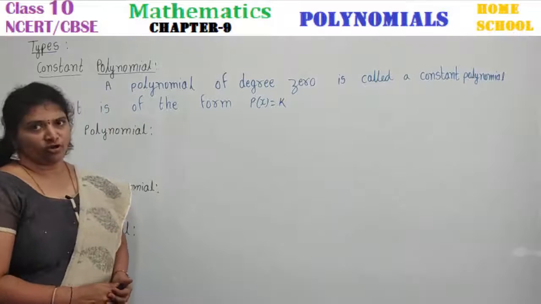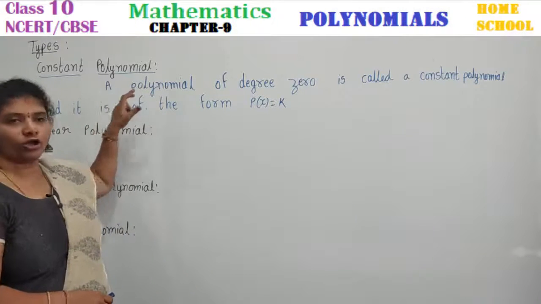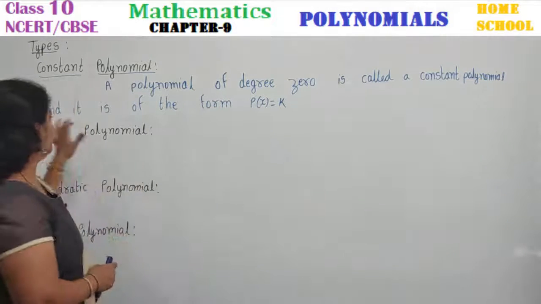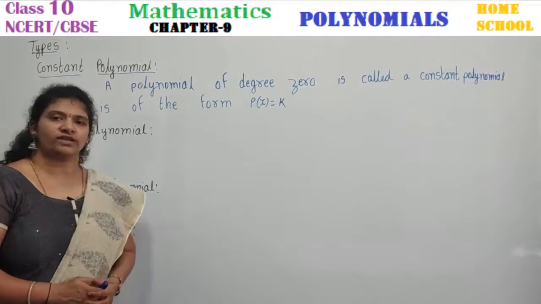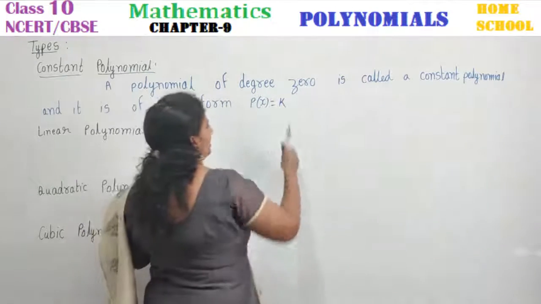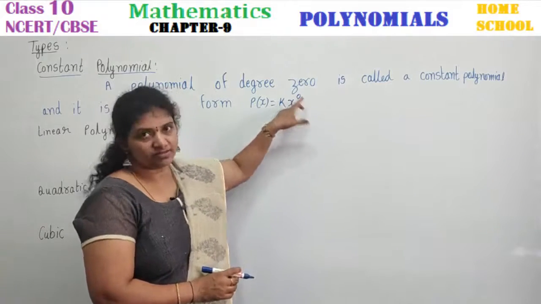Let's see the types of polynomial. First one is constant polynomial. A polynomial of degree 0 is called a constant polynomial and it is of the form p of x is equal to k. What is this, children? K. Why only k here? K might be a multiple of x power 0.